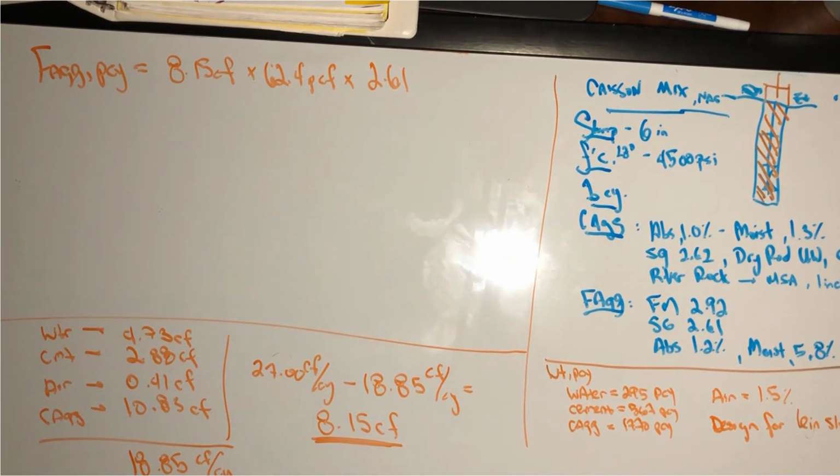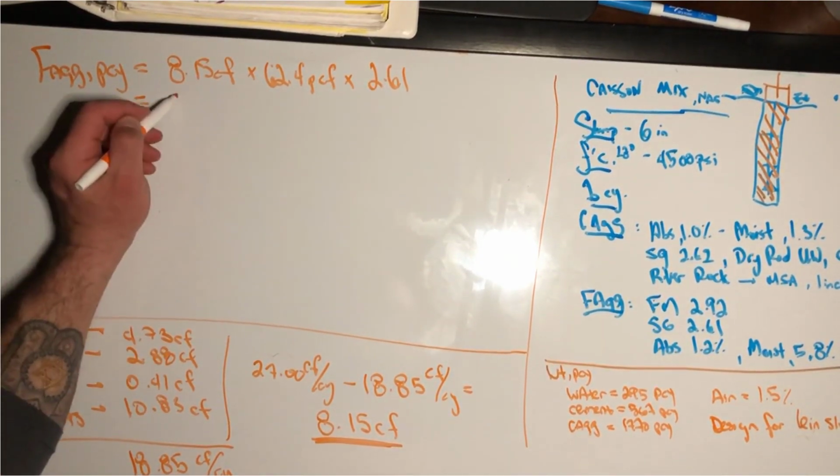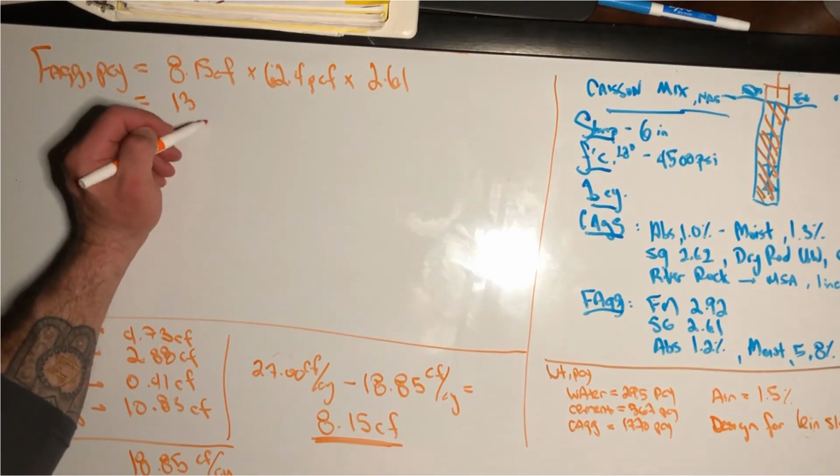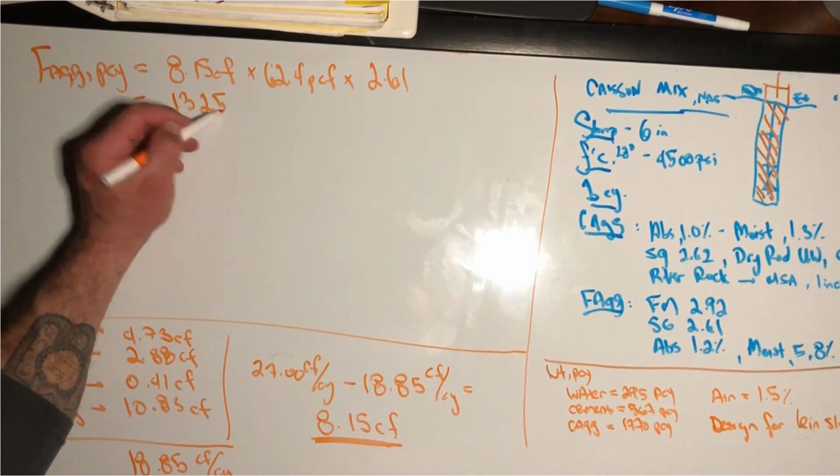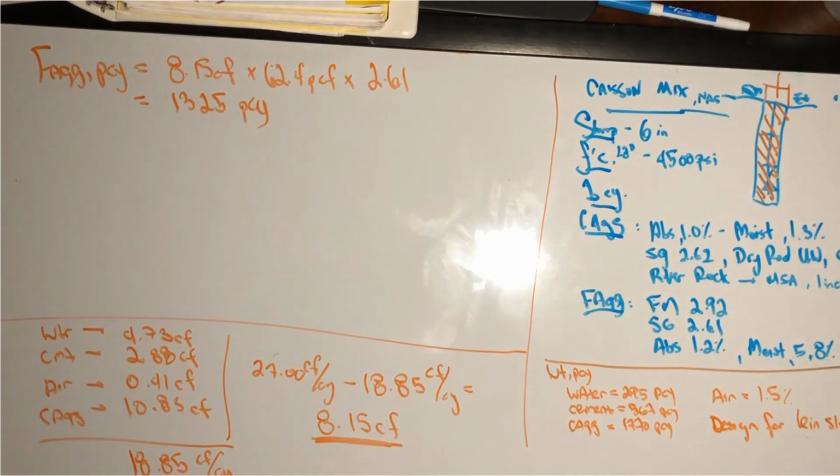So if we multiply all that together, 8.15 times 62.4 times 2.61 gives us 1,327 pounds per cubic yard. We're going to round that to 1,325 pounds per cubic yard. And add that to our list, fine aggregate equals, it was 1327, but we're going to round it to 1325 pounds per cubic yard. Okay, good.